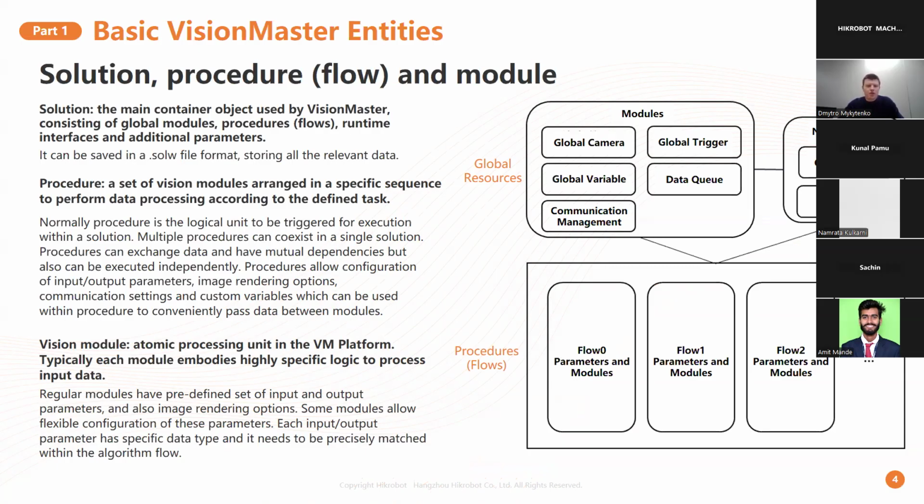Even solution switching settings are part of the solution data. All global resources, including communication parameters, runtime user interface configuration, global scripts, and image acquisition settings, are all stored within the solution file.